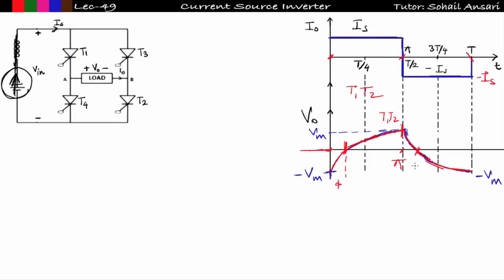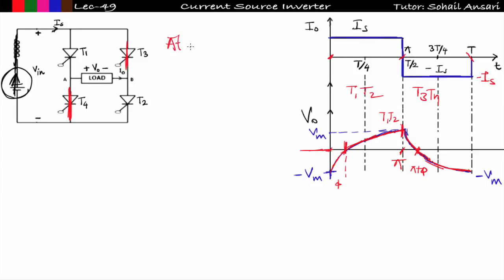Now from pi to pi plus phi. Okay, so from pi to pi plus phi, after pi, which thyristor is conducting? T3 and T4, means T3, T4 is shorted at omega t equal to pi. And at omega t equal to pi plus, what is the output voltage? Output voltage is positive.